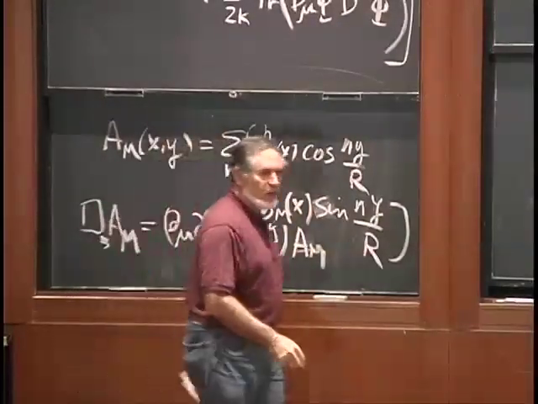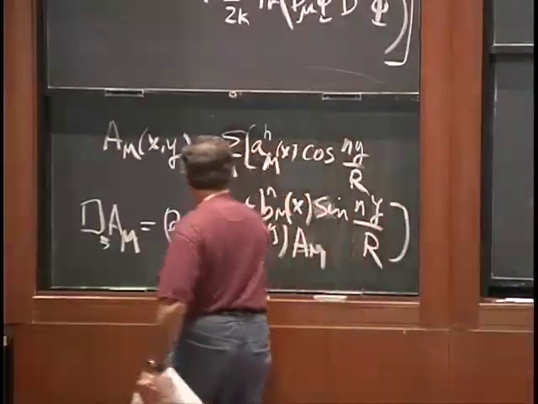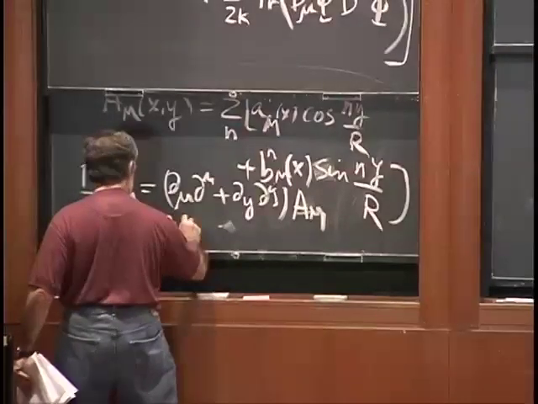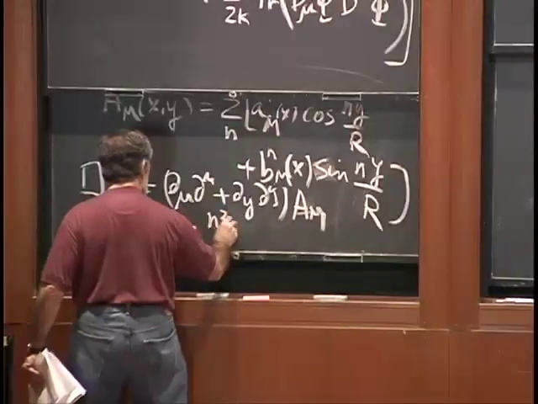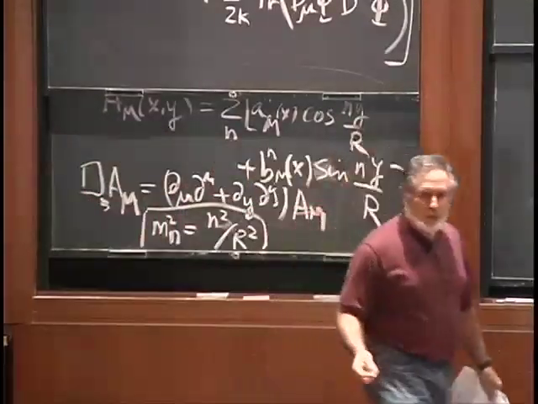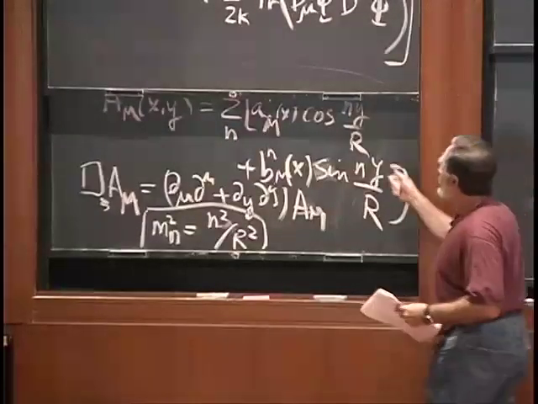The dy term acting on A_M will give you an effective mass squared for this gauge field in four dimensions, where the mass term m sub n squared is equal to n squared over r squared. So only the n equal to 0 mode is massless. All the other modes give you the Kaluza-Klein excitations of this 5D gauge field. So we have Kaluza-Klein excitations when we go to 5 dimensions, of this infinite tower of modes.